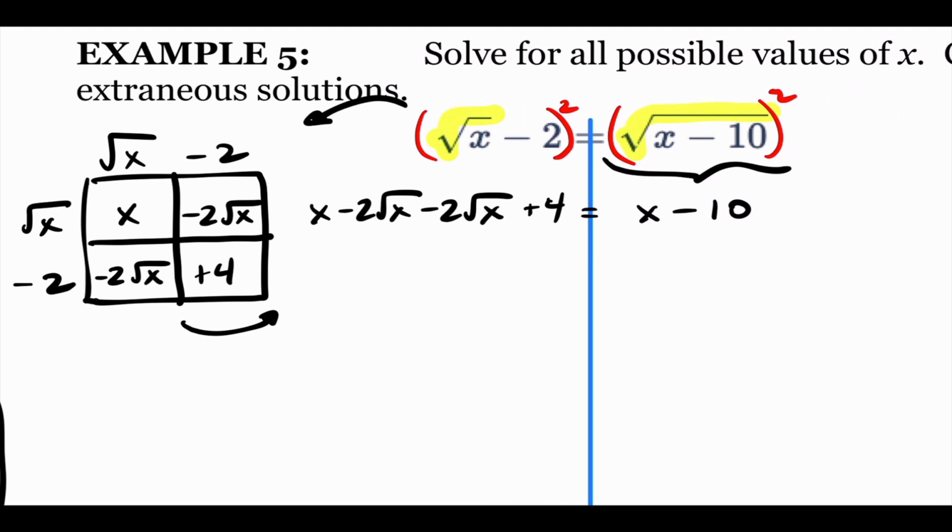Well, I got some like terms here. Just like last week, these guys are like terms. They both have the same root. What do I get when I combine them? Negative 4 square root of x.